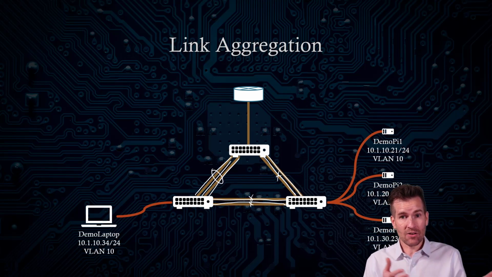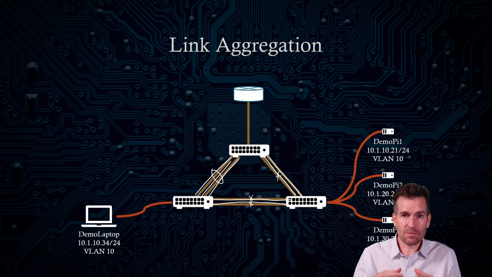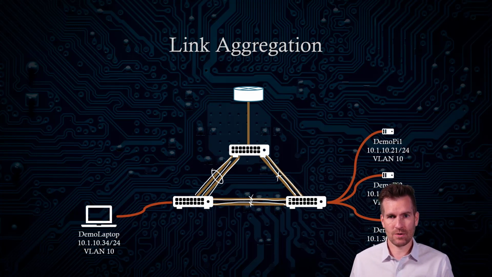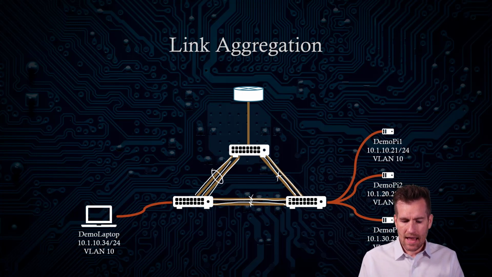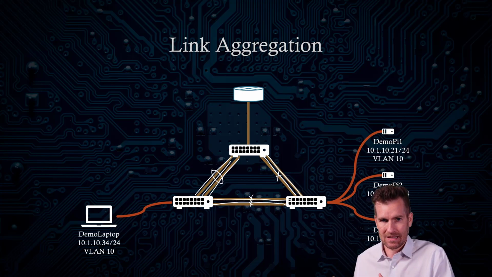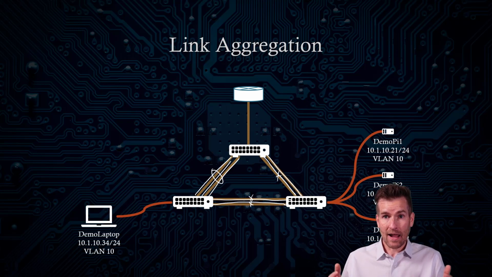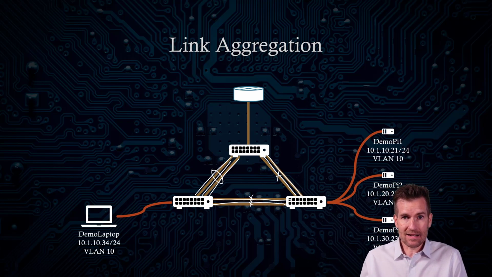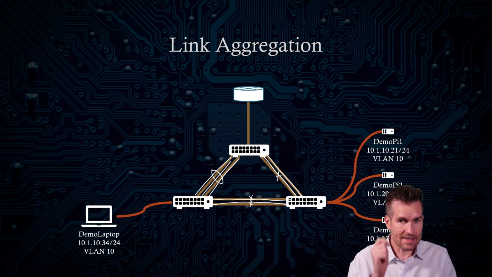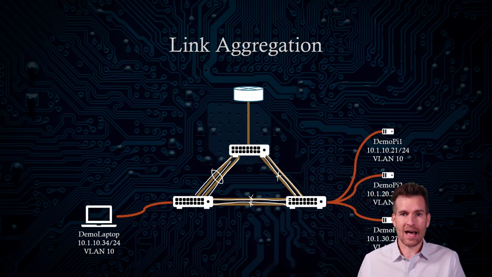So if these are 100 megabit per second connections, then I can band up to 8 of them together and get 800 megabits per second between these switches. If they're gigabit connections, I can band up to 8 of them and get 8 gigabits per second between these switches. So link aggregation is great, and it also allows for redundancy, because if one of those links dies, then the connection still remains up and running.